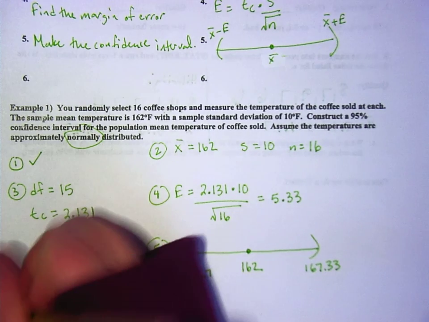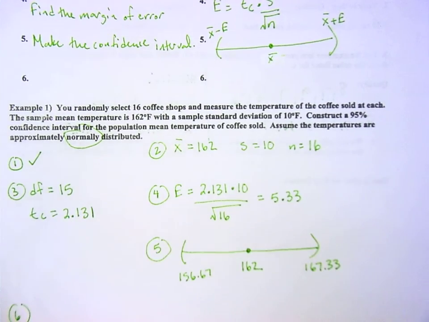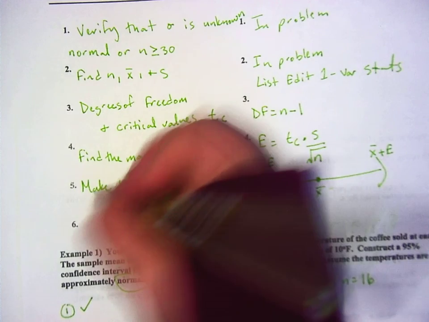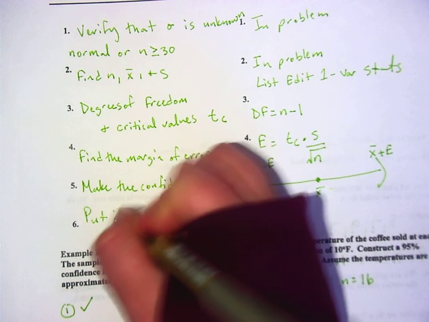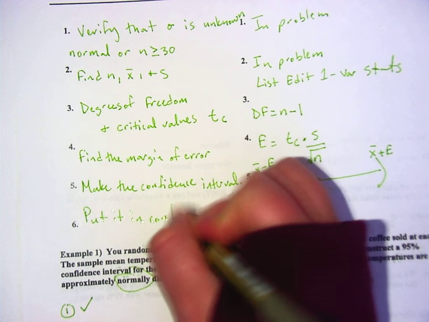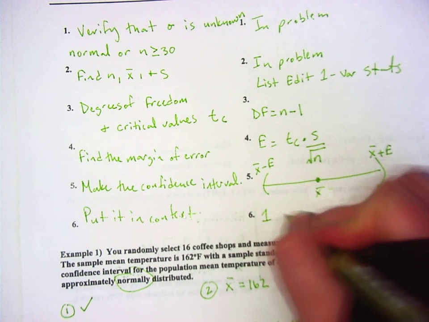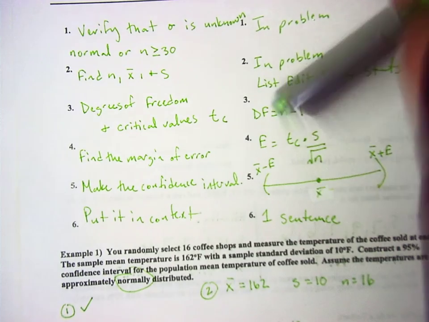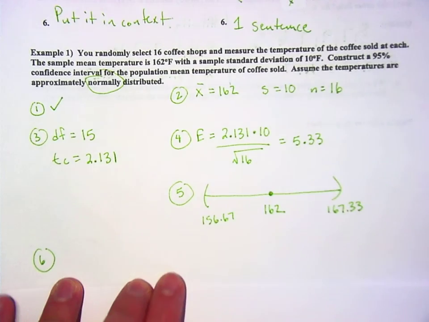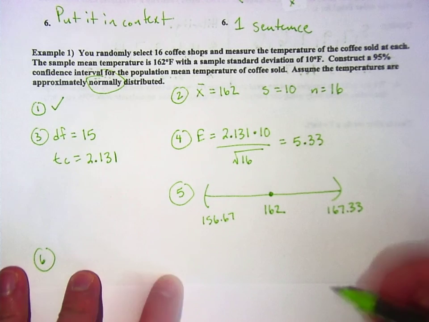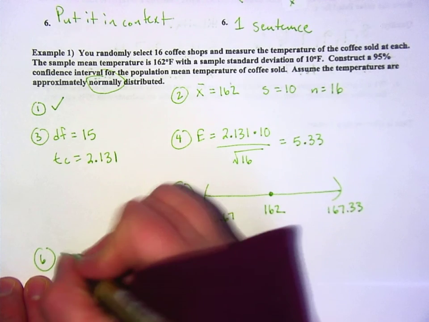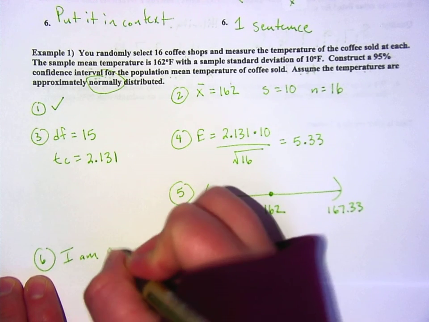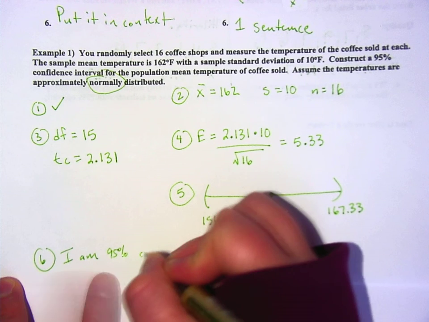Take a wild guess what the last step is going to be. Write a sentence. Put it in context, one sentence. So let's see, my sentence would be, I am 95% confident.